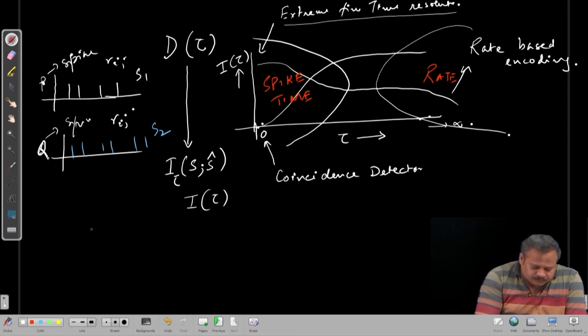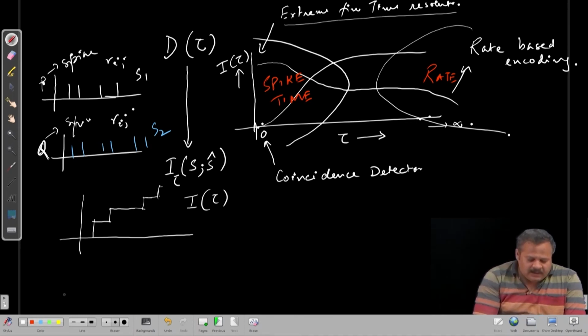If tau is very large, as we were saying, in the case of the Rij, what we will have is jumps of equal amount at each and every spike location, and for the cyan case again we will have similar jumps at each and every spike location.